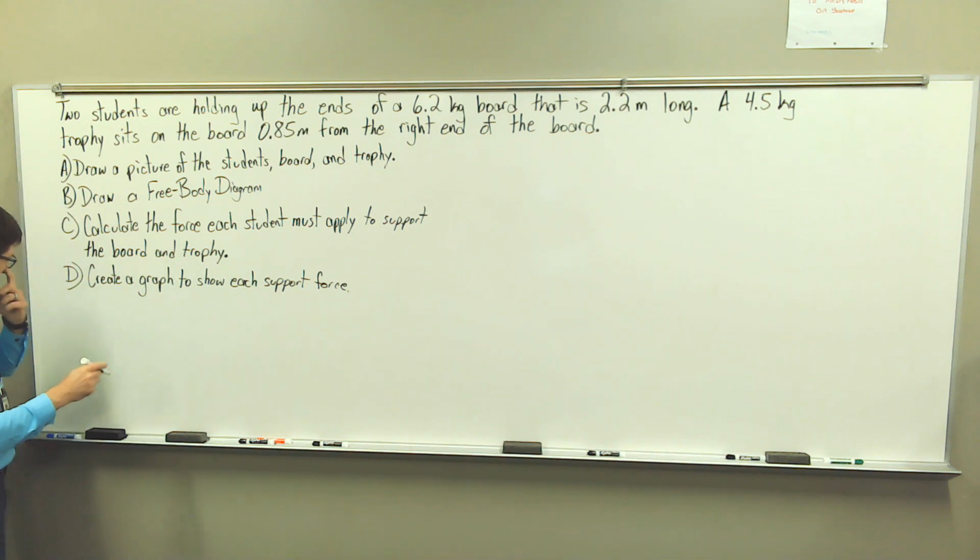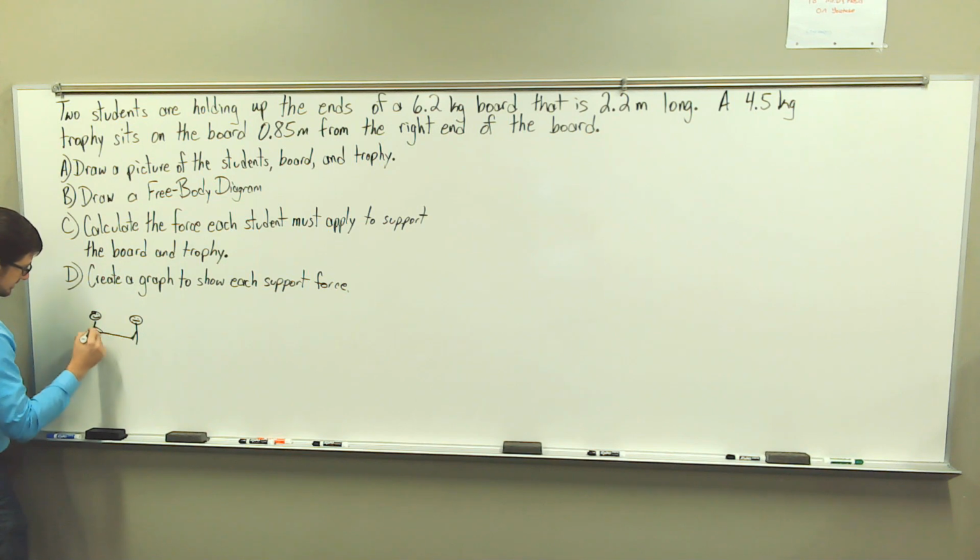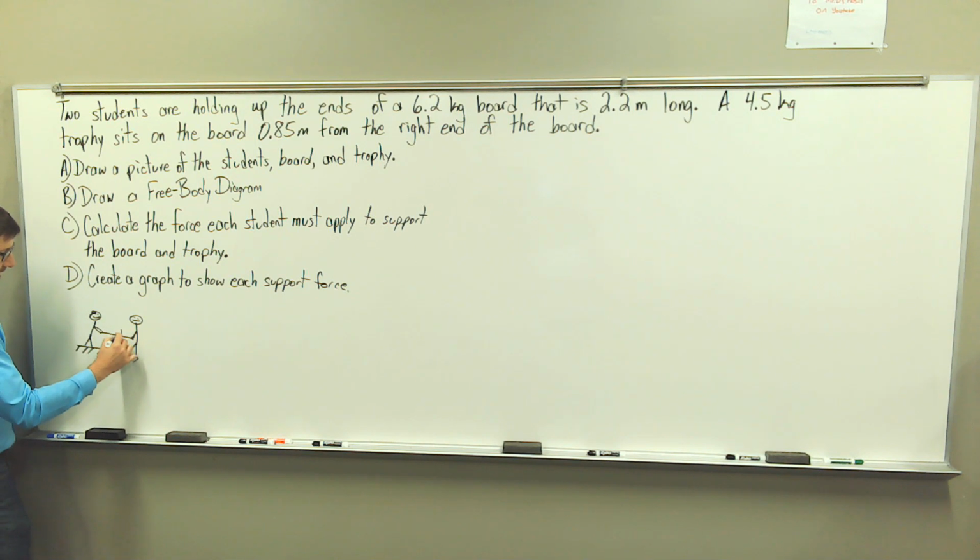Okay? So in part A, we're just going to draw a simple picture of the students, the board, and the trophy. So what we can do is just draw this situation here. And here we have our static force. Here we have our board. And then we have the trophy sitting here.